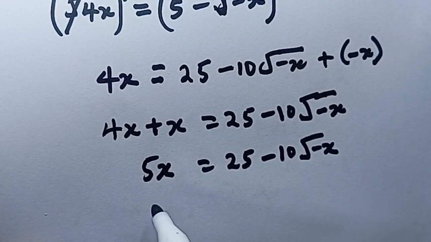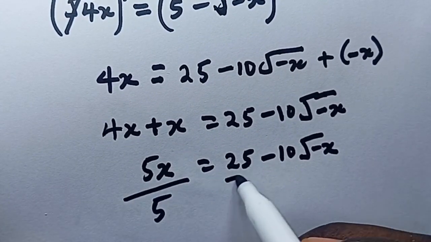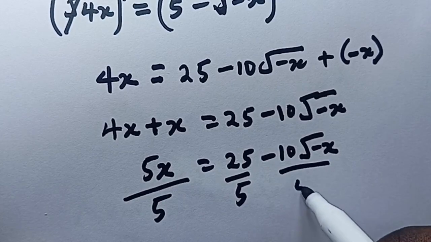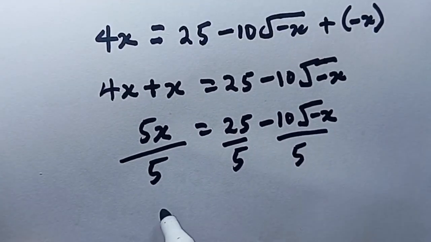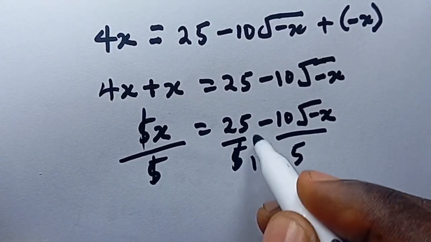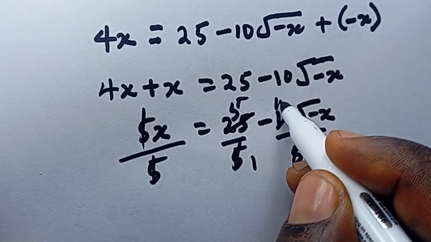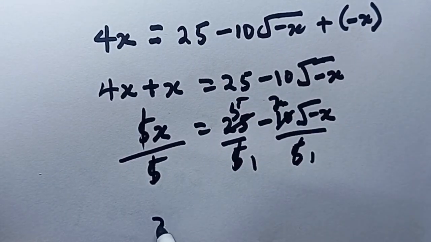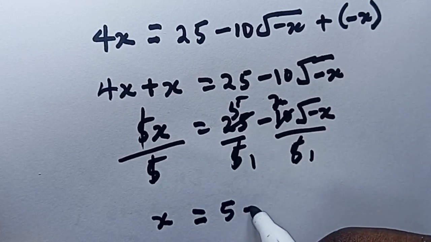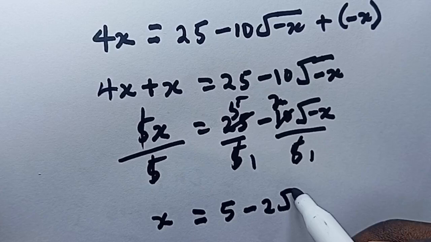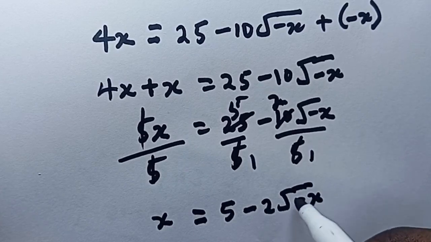So since all of these are factors of 5, we can just go ahead to divide all of the terms by 5. And then of course x is now equal to 5 minus 2 root negative x.